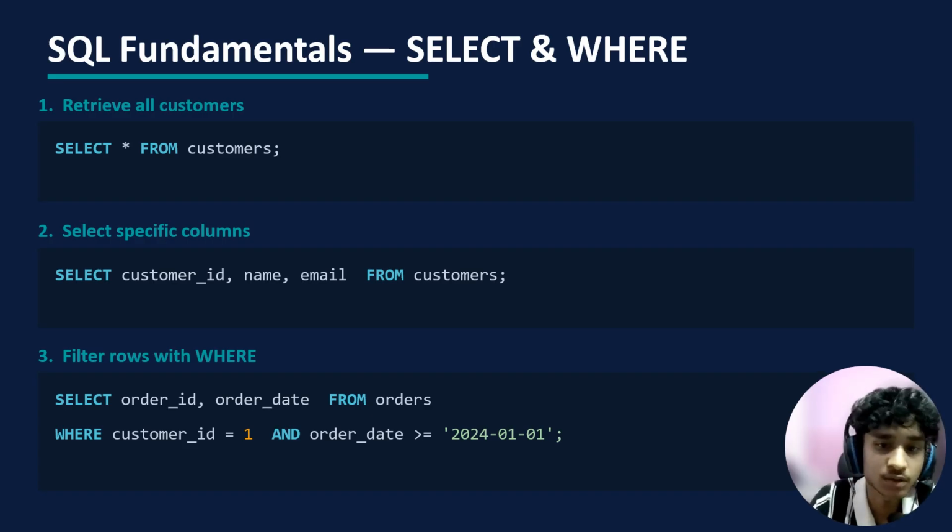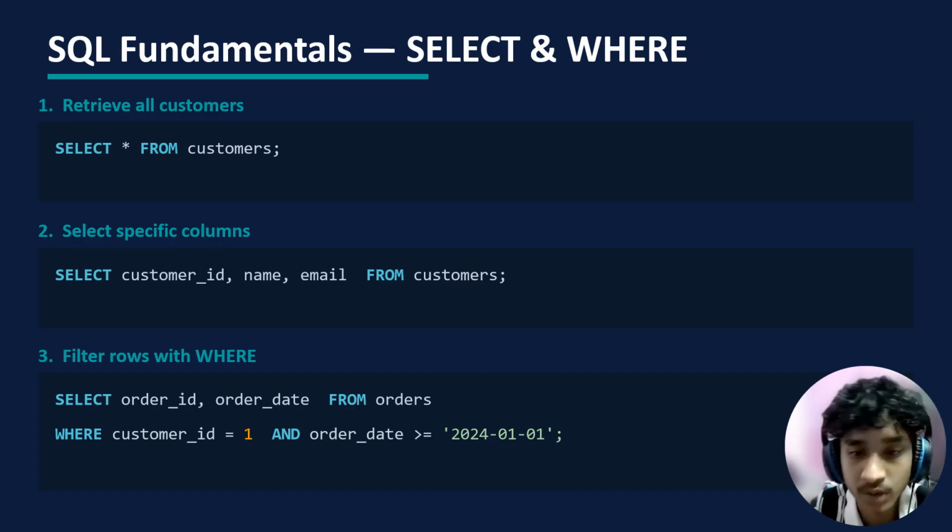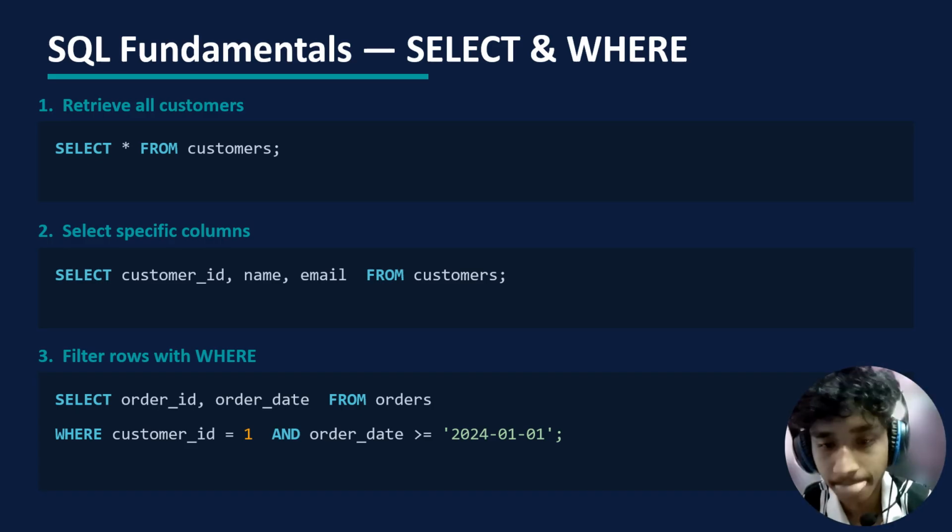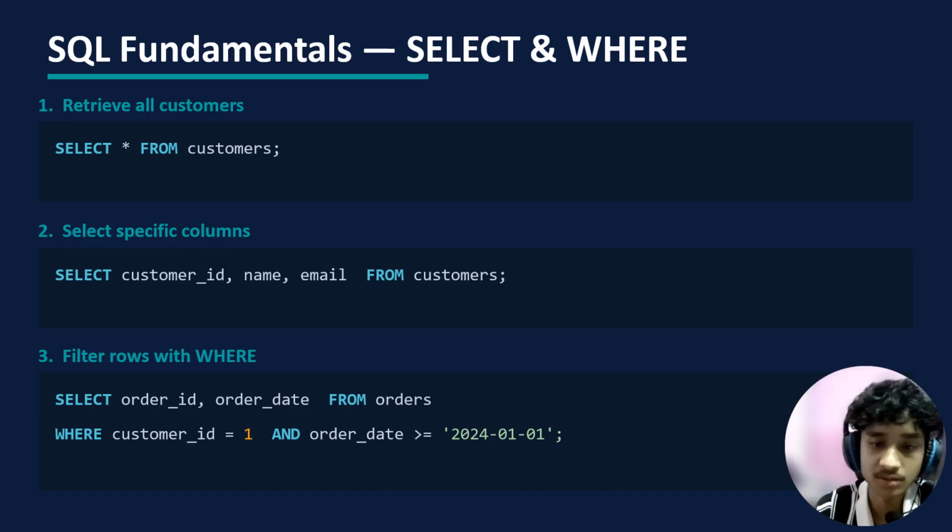Next one is SQL fundamentals, select and where. These are some basic queries which we need to learn for a relational database using SQL. First one is select. It is just SELECT asterisk FROM customers.